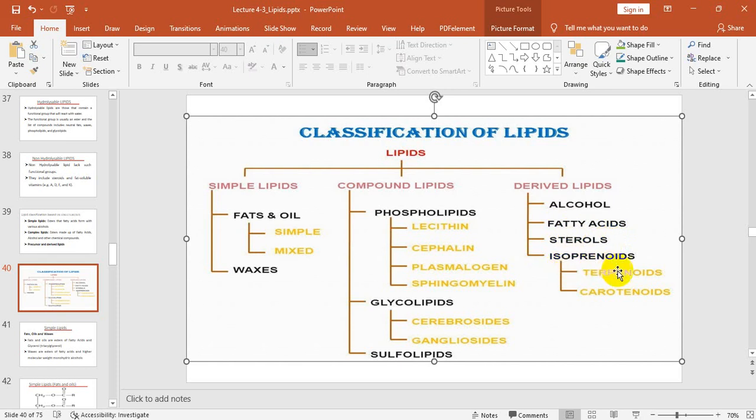We also have the isoprenoids, terpenoids, carotenoids for vision in the rods and cones of the eye.